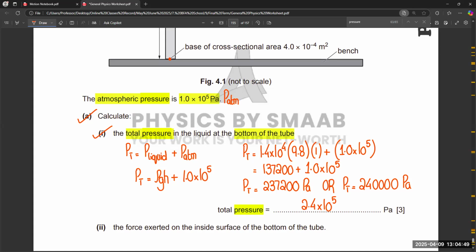So let's suppose we got the value 137,200 plus 1.0, then press the exponent button, then 5. So you will get the final answer, right? I am sending this one also.